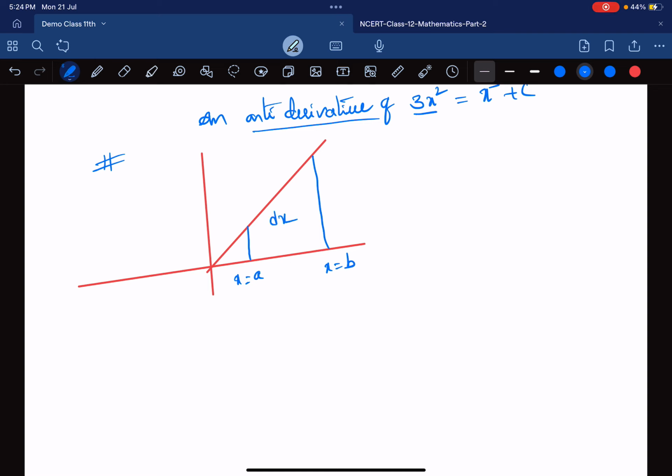This we can call delta x, or dx. dx denotes a small rectangle, a rectangular area. So we converted this into small rectangles.